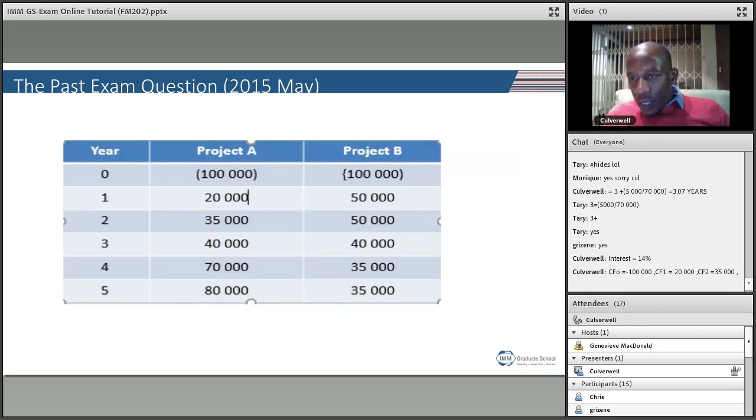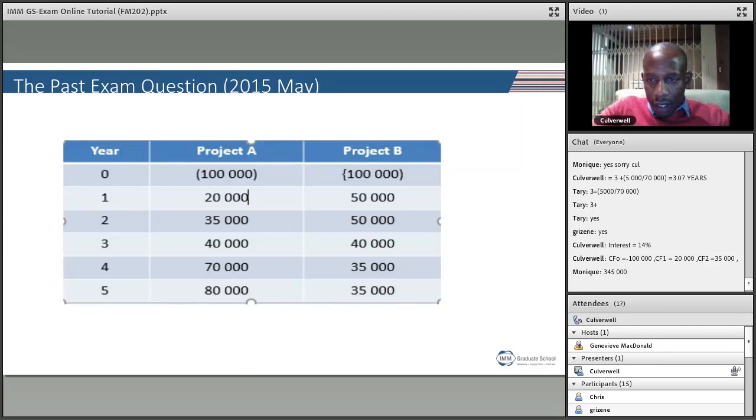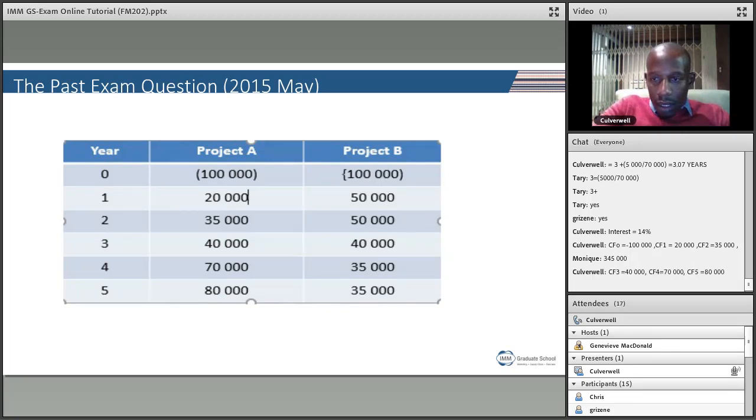So this is how you would input your cash flows. You would say 100,000 plus minus CF0, 20,000 cash flow 1, 35,000 cash flow 2, and then cash flow 3 will be 40,000, cash flow 4 will be equal to 70,000, and then cash flow 5 will be equal to 80,000.